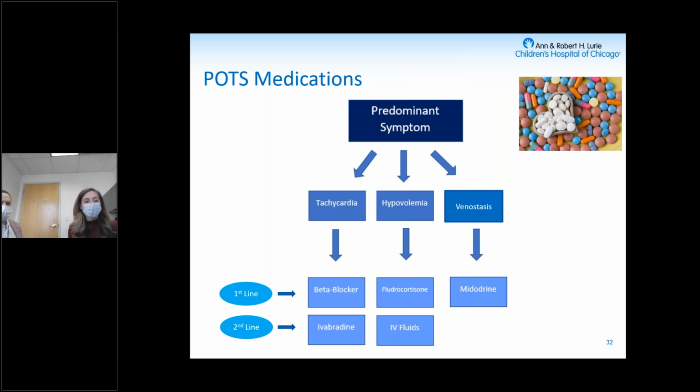It's a mineralocorticoid analog that promotes sodium reabsorption, so it helps patients hold on to salt and water. It is potassium wasting, so we often have to check blood work on these patients, and sometimes we'll have to replace their potassium levels. It also can increase blood pressure. We often find kids who faint pretty frequently when they stand up. They do respond really nicely to fludrocortisone as it helps support their blood pressure.